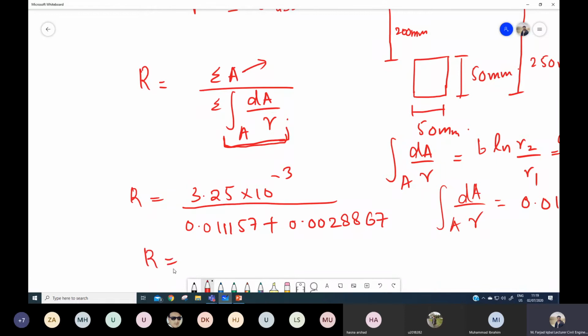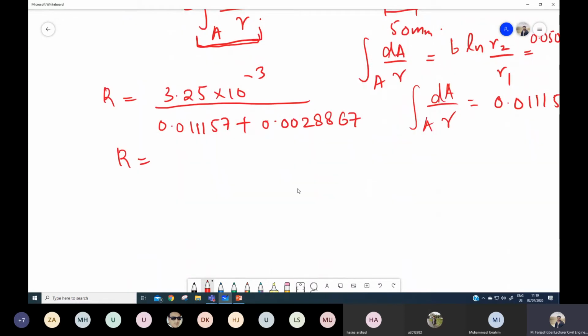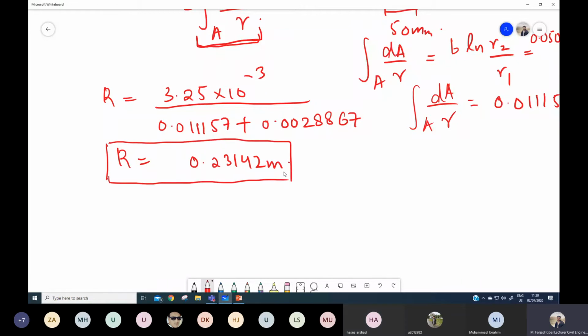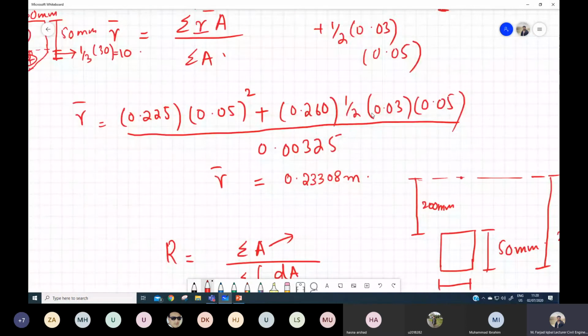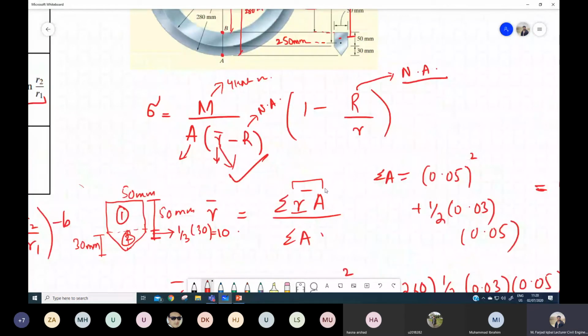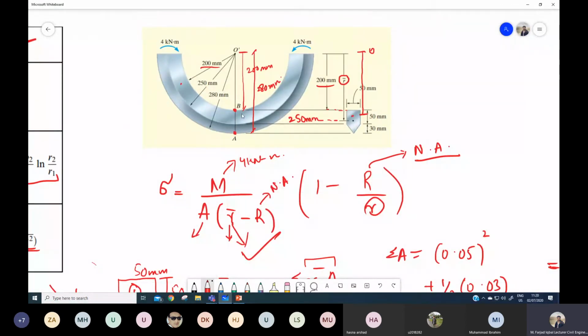So what will be this R, the location of the neutral axis? It will be 0.23142 meters. So this is the location of the neutral axis. Now we have all the factors that we needed to calculate the stresses. So now let's take the cross section at this point AB to get the maximum and minimum values of stresses.